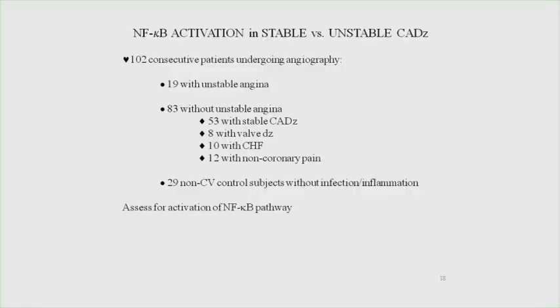Let's see. 102 consecutive patients undergoing heart catheterization, 19 with unstable angina, 83 without unstable angina. Some had coronary disease, some had valve disease, some had heart failure, some had non-coronary chest pain. And then as a control group, we've got 29 patients without cardiovascular disease, without infection or inflammation. And we're going to look at activation of the nuclear factor kappa beta pathway.